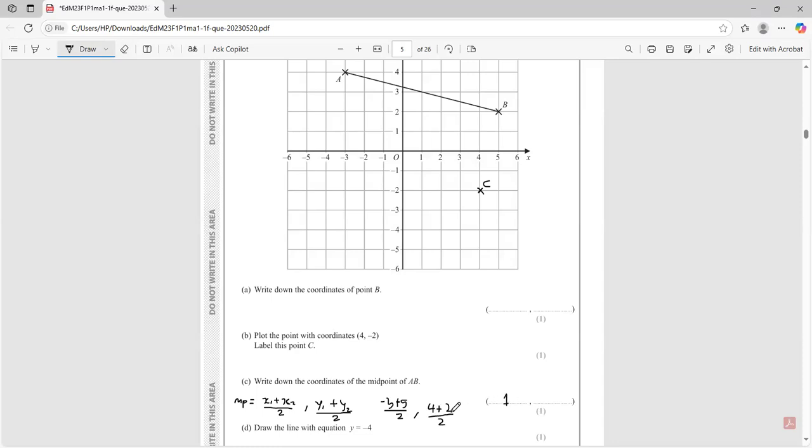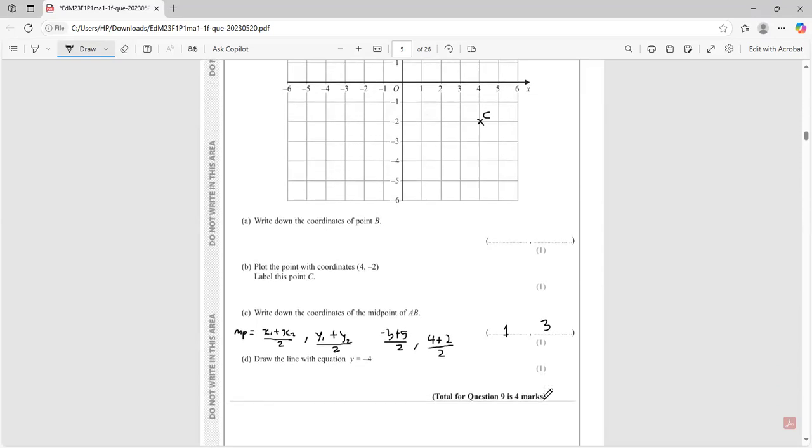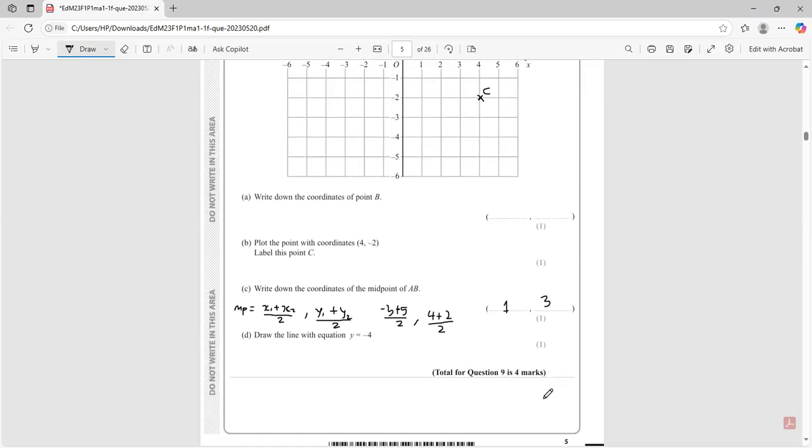And then 4 plus 2 is 6, and 6 divided by 2 is 3. So that's the answer. Do you have any questions with that? No. Okay, so please keep this formula at the back of your mind. This is the formula for midpoint. Once you have this formula, every other thing is sorted from there.